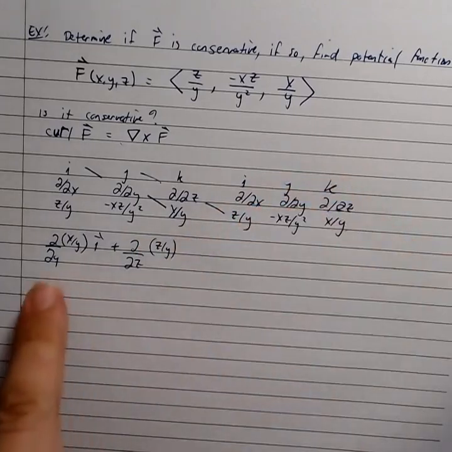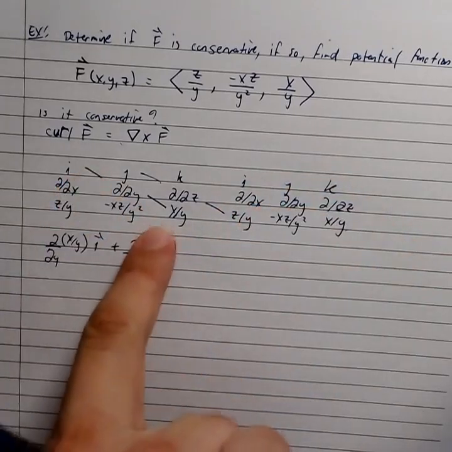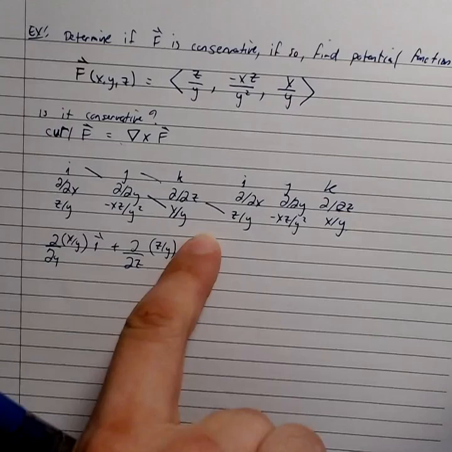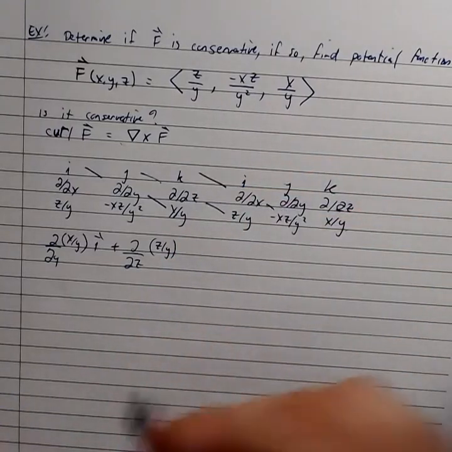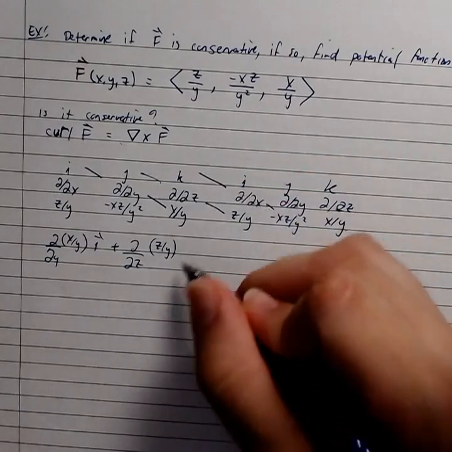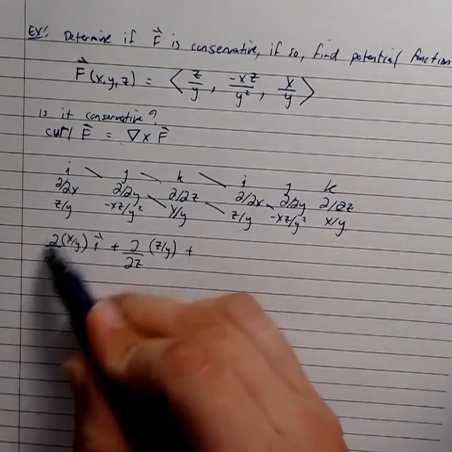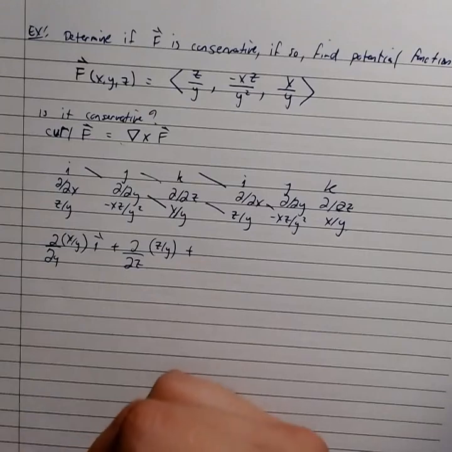Here, if you can do these in your head, there's no reason to write these down. If you know how to take that derivative, just do it. Same thing there, and same thing there. But since I'm giving an explanation here, of course, I'm going to show more steps than people usually would.